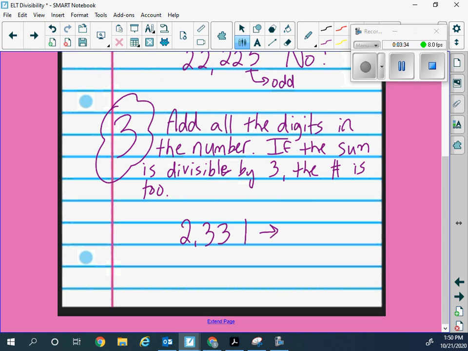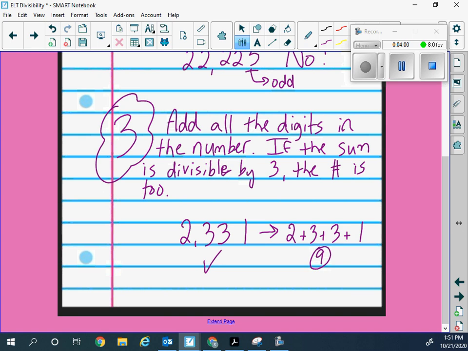In the number 2,331, you would take the digits 2 plus 3 plus 3 plus 1. What's 2 plus 3? 5. Plus 3 is 8. 8 plus 1 is 9. The sum of 9 is divisible by 3, therefore this entire number is divisible by 3, and you're not going to get a remainder. It's kind of cool, huh?